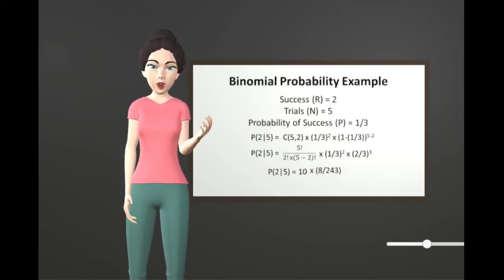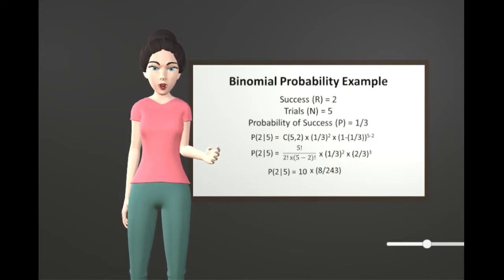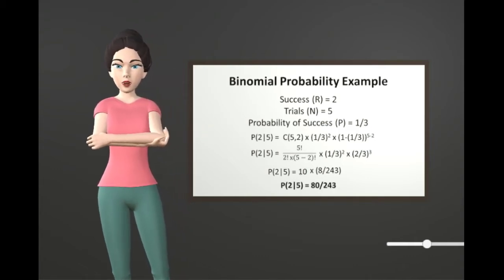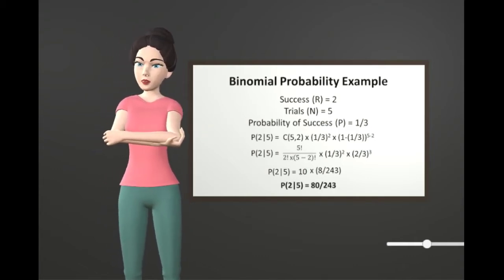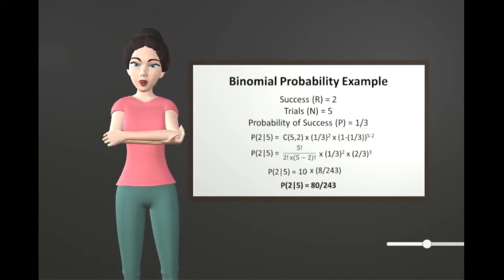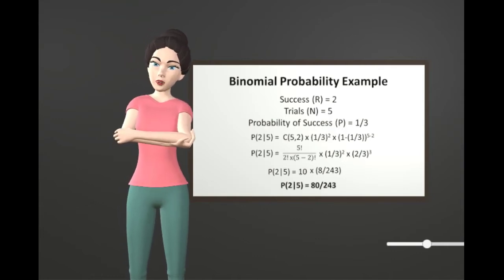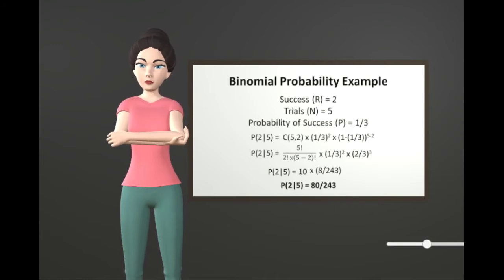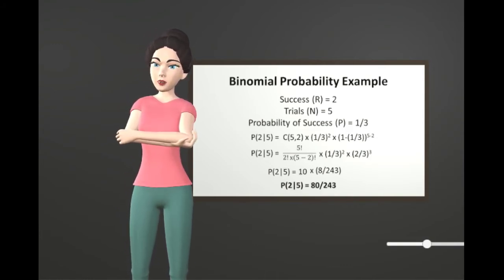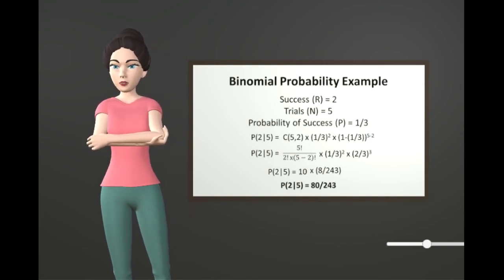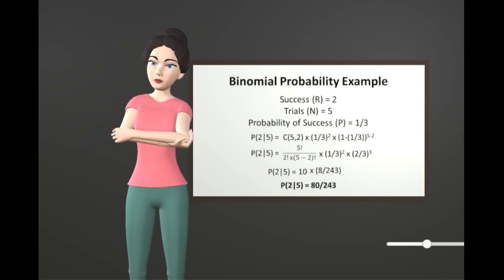We get 10 times 8 divided by 243, which equals 80 divided by 243, or about 0.33. This means you have about a 1/3 chance of rolling a die 5 times and getting 5 or 6 to come up exactly 2 times. Now you know how to determine the probability of R successes out of n trials when the probability of success is P.